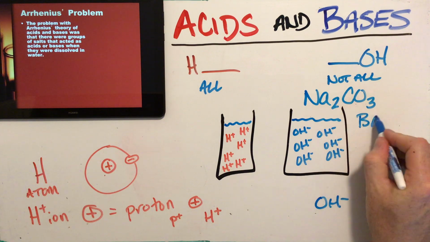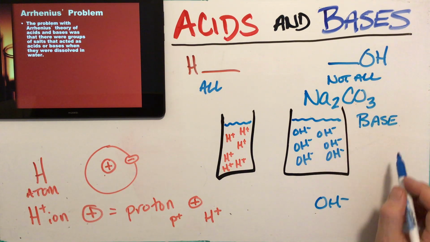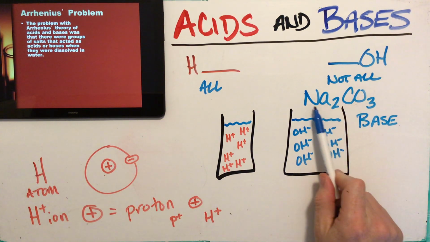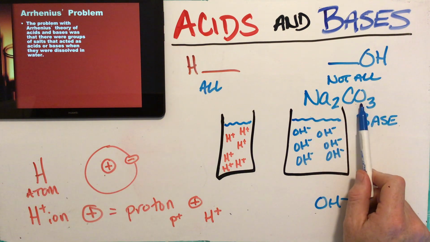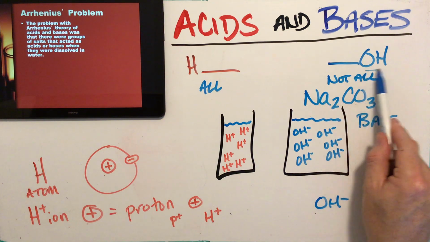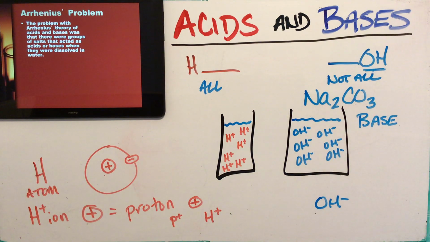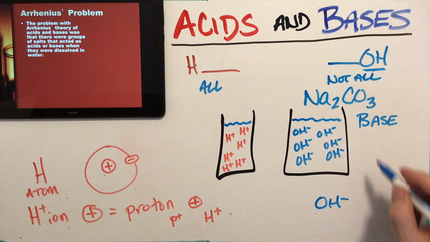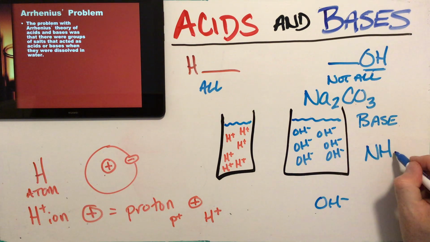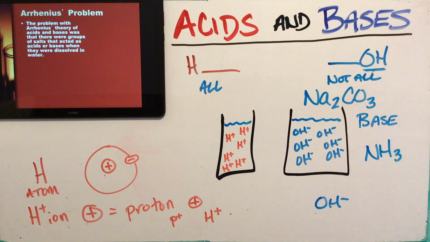Sodium carbonate acts like a base, but there's no OH in there. There's an O, but there's no H. So I can't make these based on that alone. Another one. Ammonia is a base. You learned probably about ammonia being a base in grade 10. There's lots of H, but there's no O in the ammonia.